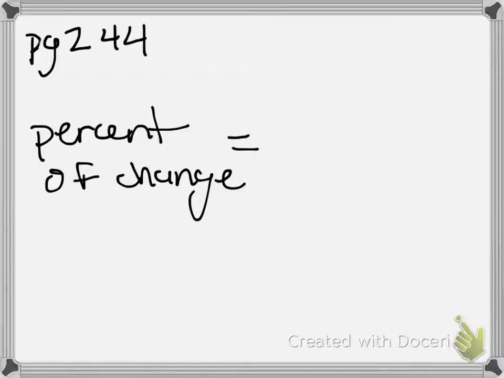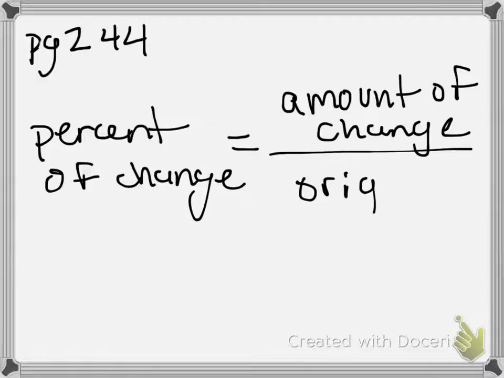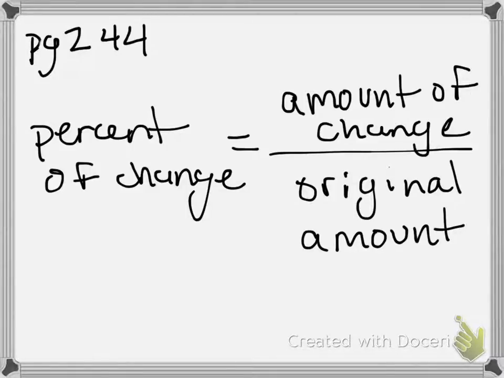In other words, it is the amount of change over the original amount. So percent of change can simply be written as a fraction: the amount of change over the original amount. And this is simply talking about a scenario.